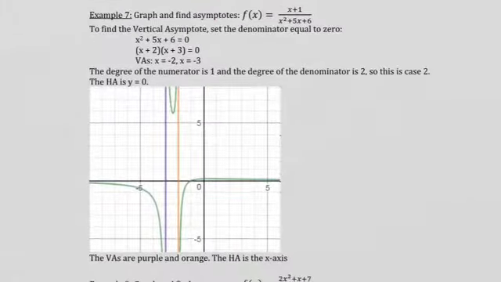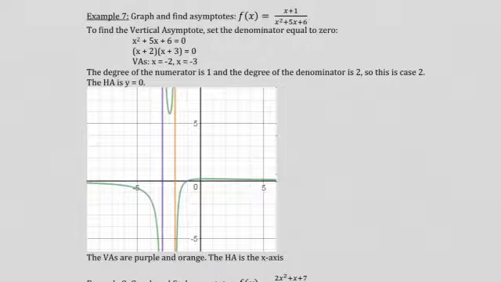Alright guys, so now let's take a look at example number 7. You can see that the degree of your top is 1, when the degree of my bottom is 2. And that is case number 2. Case number 2 tells me that when my denominator is higher degree than my top, I'm going to have a horizontal asymptote, and it is going to be y equals 0.